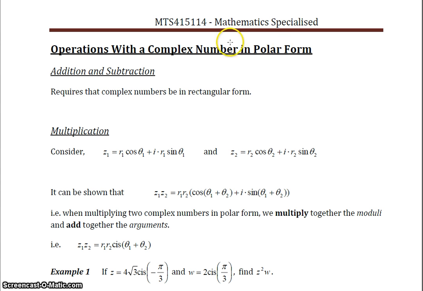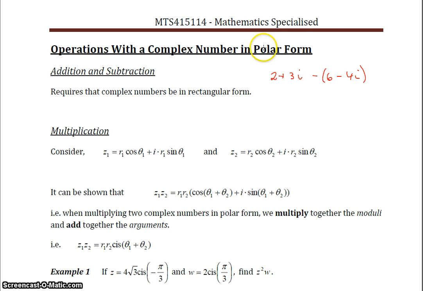Now, what we first of all need to understand is that addition and subtraction must be in rectangular form. So when we think about adding or subtracting complex numbers, we're looking at, say, 2 plus 3i minus 6 minus 4i.